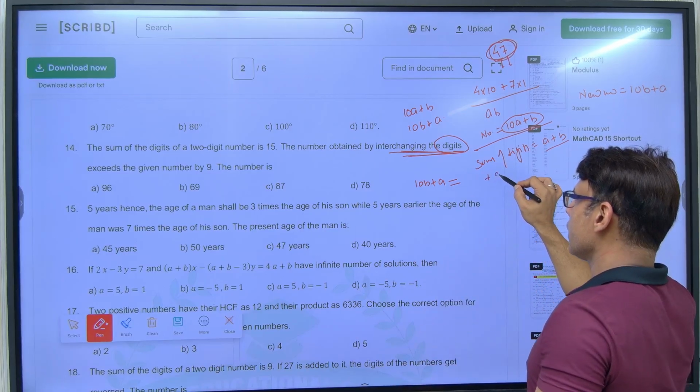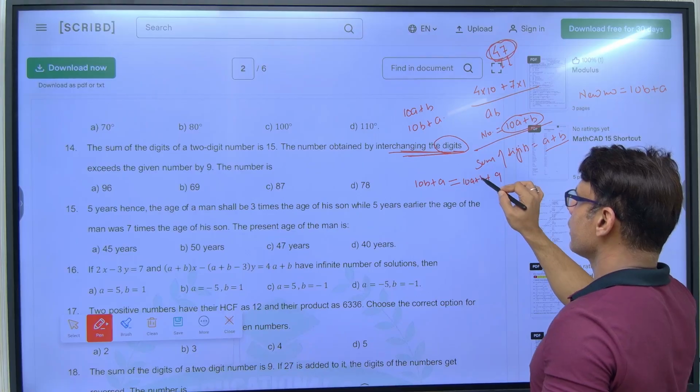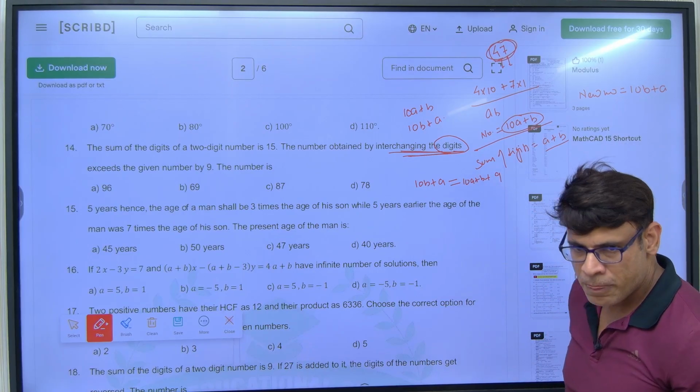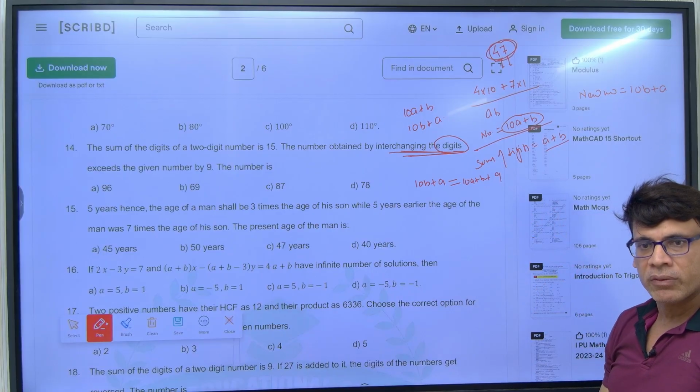How much more? 9 more than the original number, which is 10A plus B. That means the new number and original number have a difference of 9.